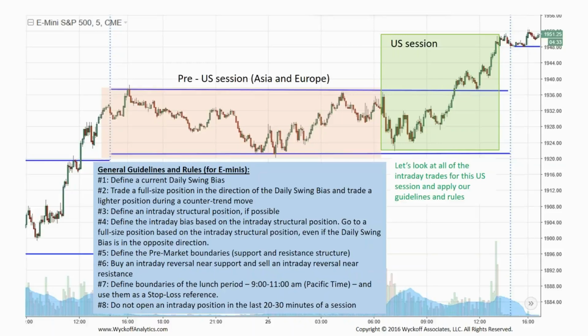We're going to have some high volatility in the pre-US session, and both Asia and Europe are going to trade those instruments, and they're going to trade their own indices, and therefore the futures like E-minis are going to be based, the action before the actual US session is going to be based on what other indices around the world are doing.